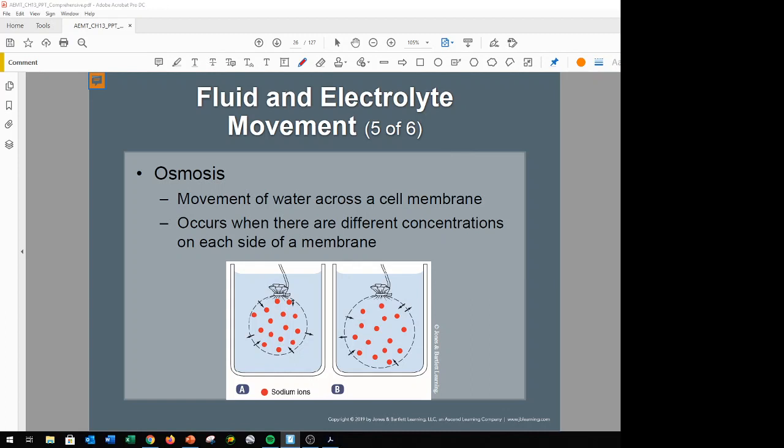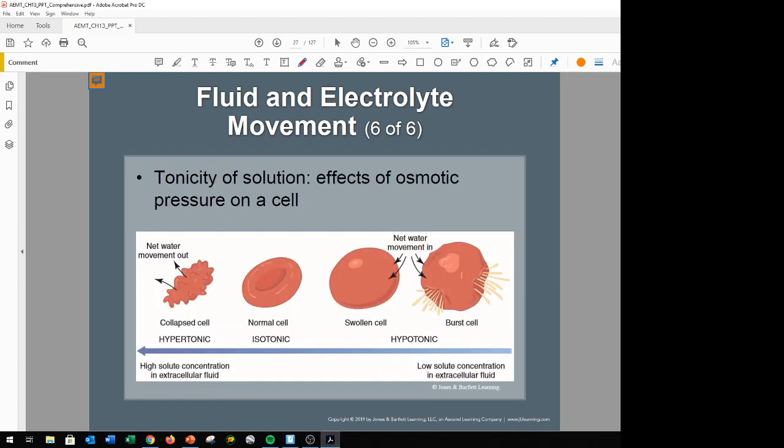So let's talk about solutions. The first one, let's talk about isotonic. Here we have an isotonic solution and its effect on a normal cell, and you'll notice it has no effect.